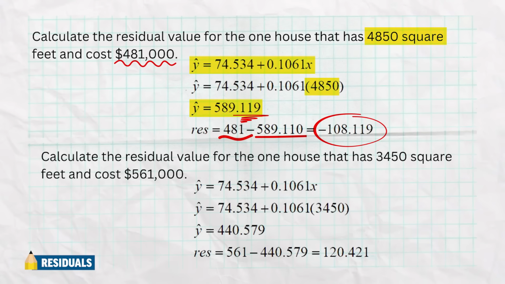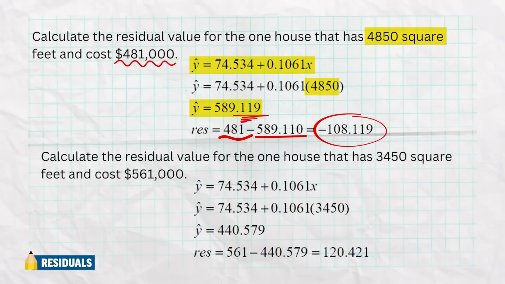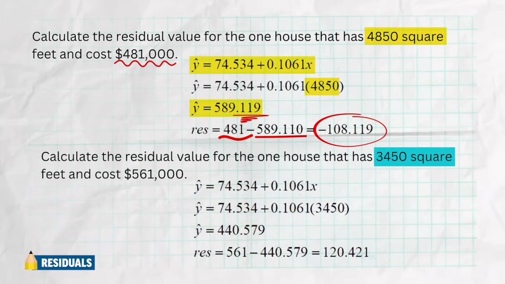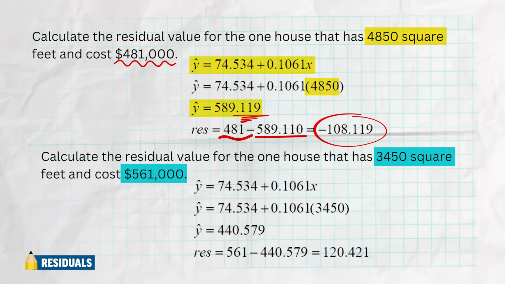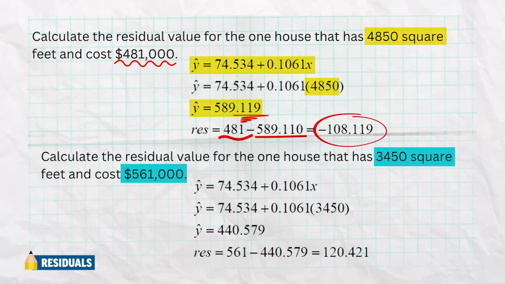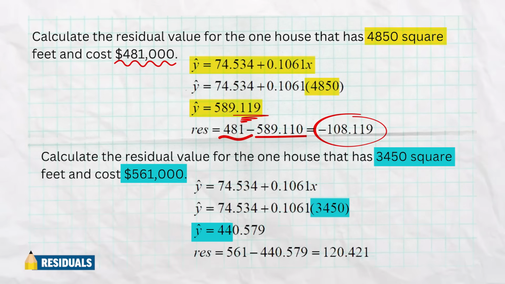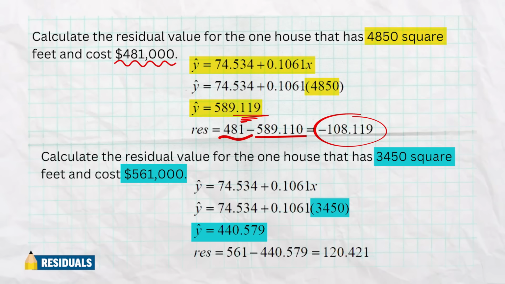Now, a second example here was another one of the houses had an actual square footage of 30,450 square feet, and the price of that house was $561,000. So to find the residual, first I have to use my linear regression model, plug in my square footage to get the predicted price. And here the prediction was only $440,000.